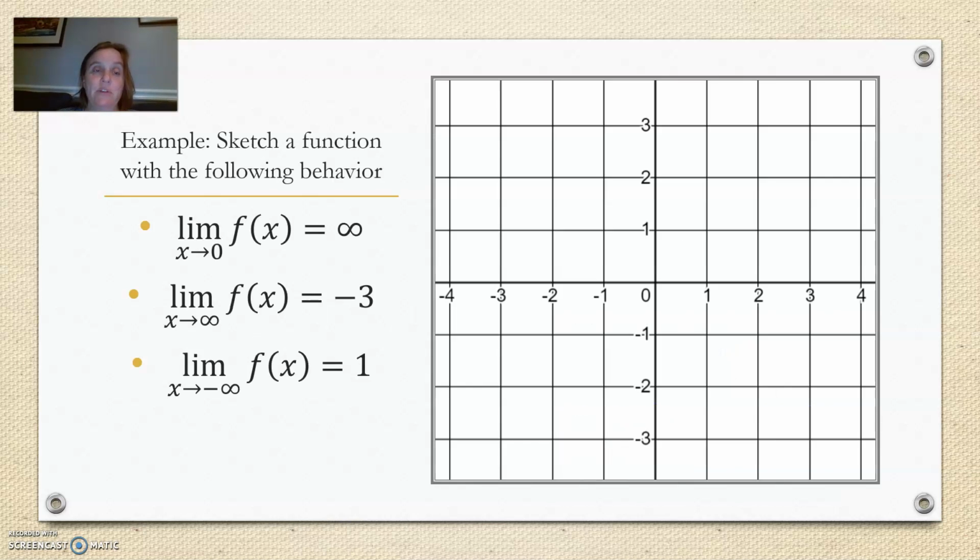The last problem here is just a chance for you to practice understanding what this behavior means. So I'm going to pause again, or encourage you to pause again, and then come back and see my solution to this, keeping in mind that there's definitely more than one function that fits this criteria. Graph passes the vertical line test, so it is a function.